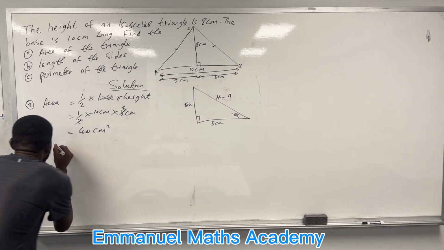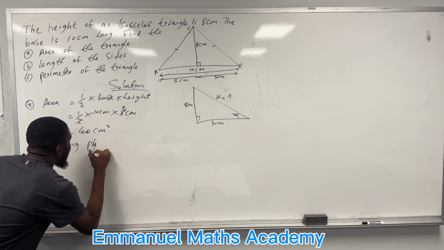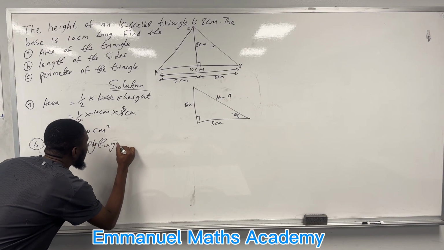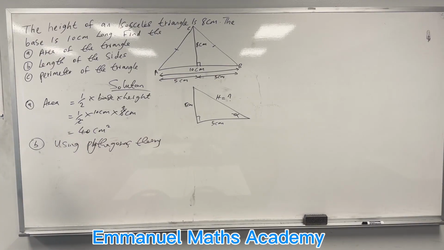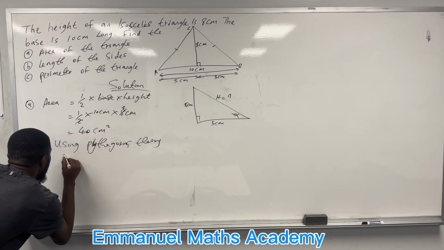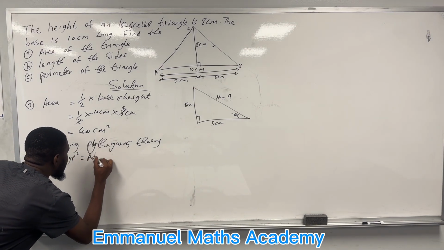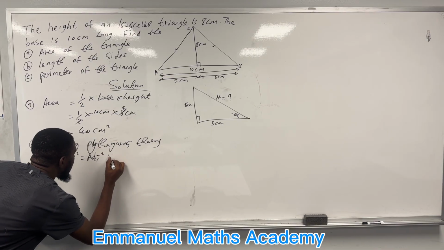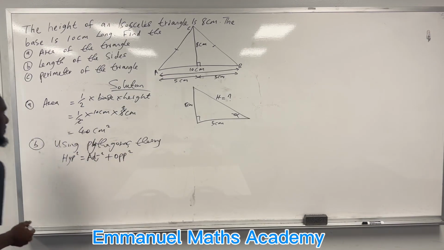Right? So using Pythagoras theorem, it says that hypotenuse square is equal to adjacent square plus opposite square.